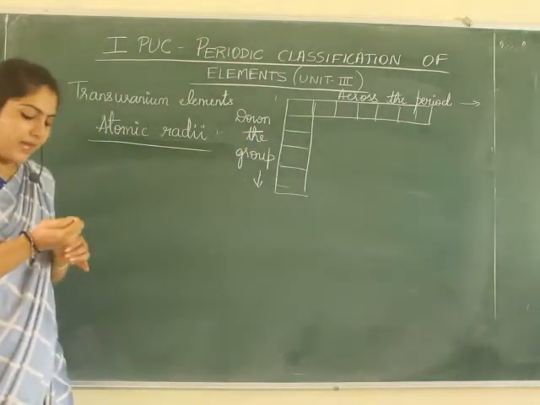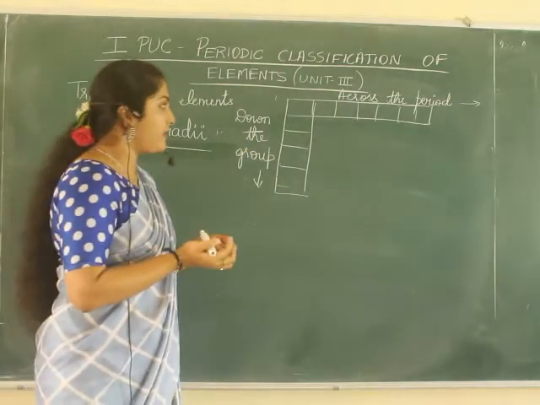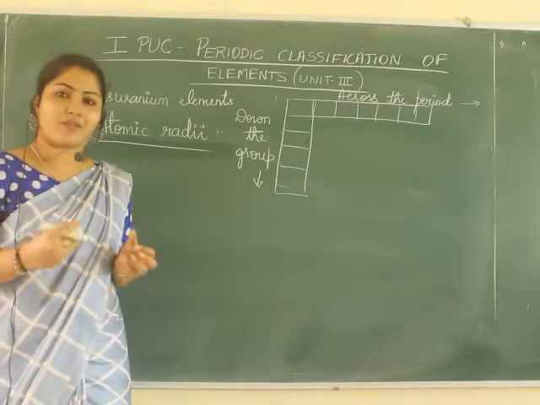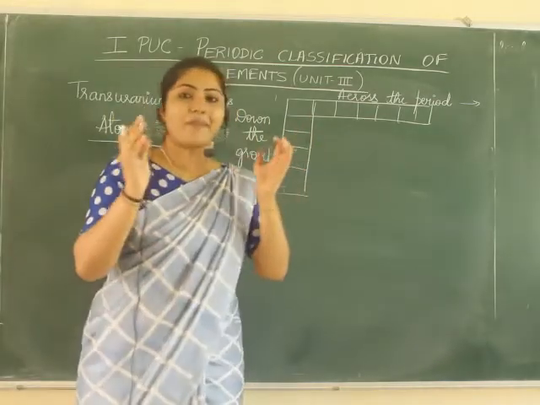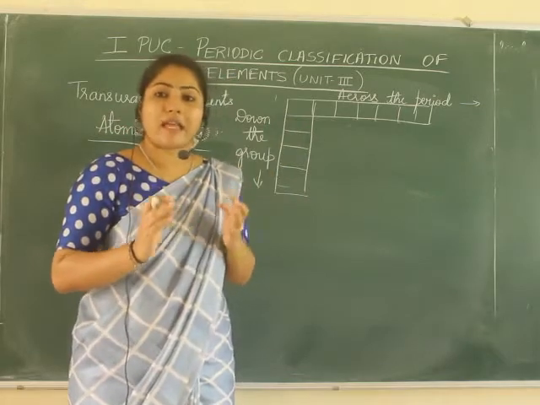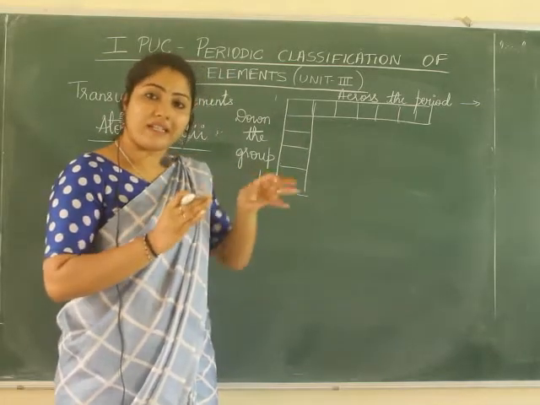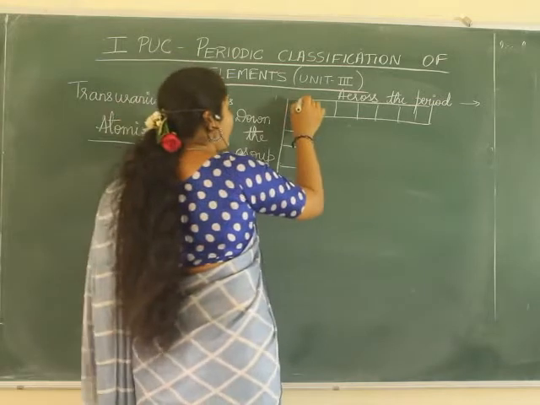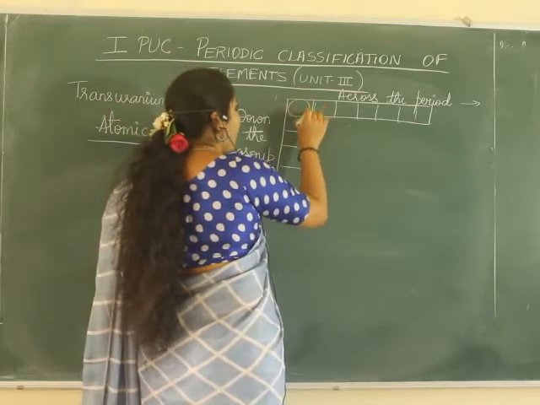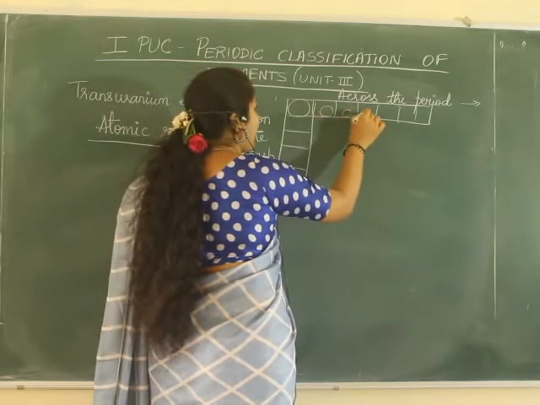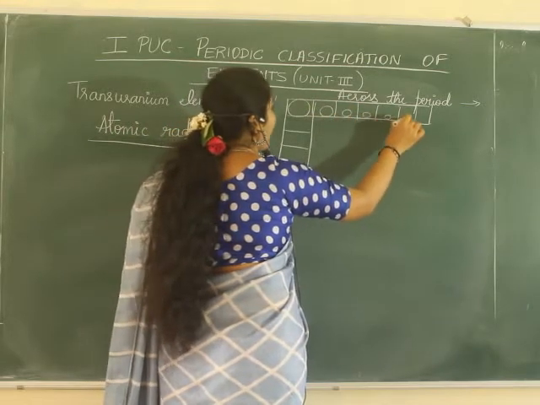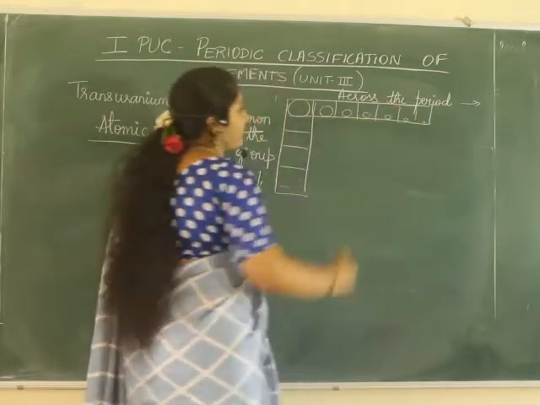Yes. So I had given you a simple picturization so that you will remember it better: across the period, what happens to the size of the atom? The size of the atom goes on decreasing. I had told you that the first one will have a larger size, whereas as you move across the period, the size seems to go on decreasing.